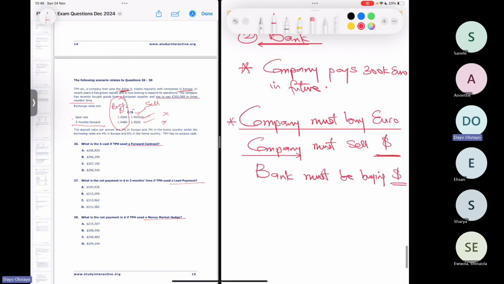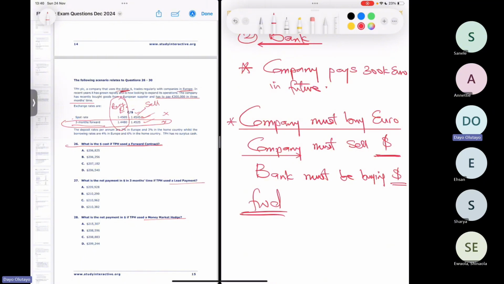And because now we are looking at forward, the forward transaction that we are talking about, in that case, we should be looking at the forward quotes, because this question says forward contract. So if it's forward contract, then we should be looking at forward quotes.